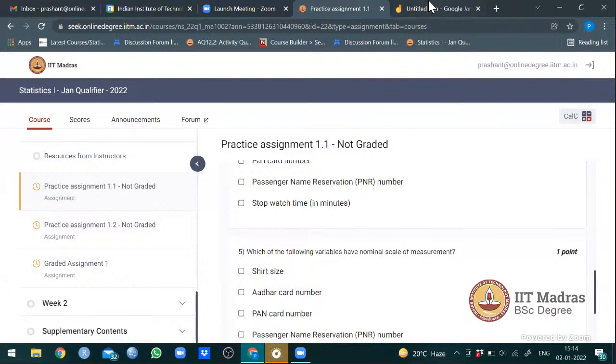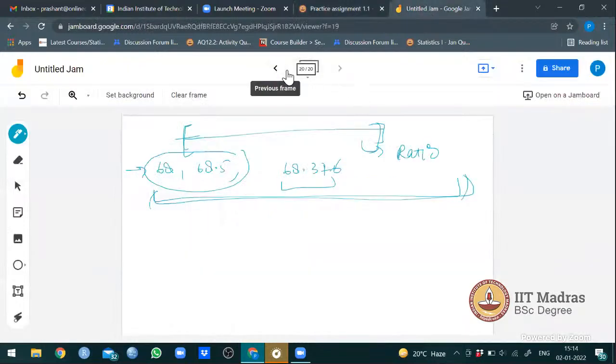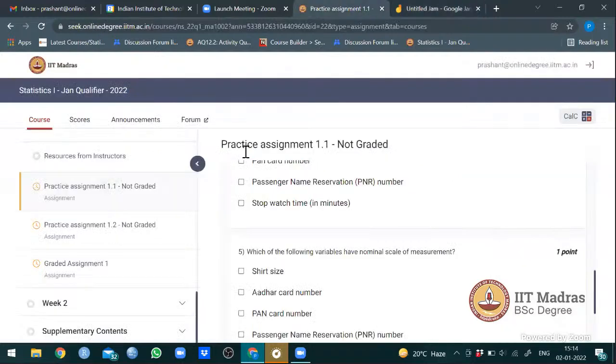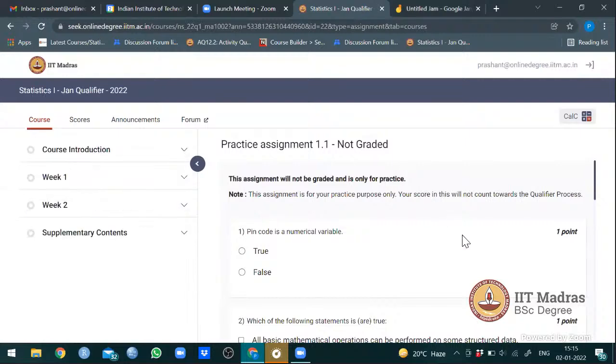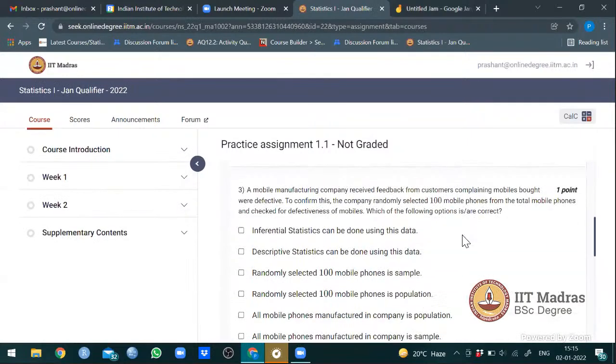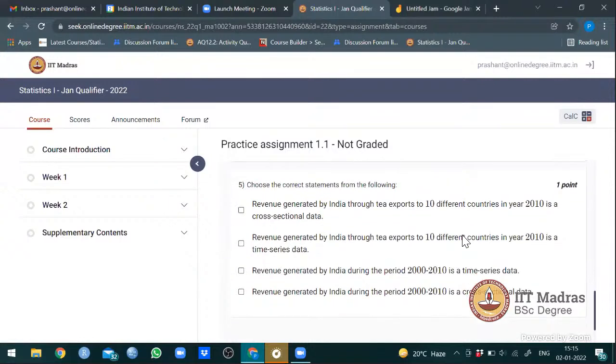Sir, check the correct statements from the following. Revenue generated by India through tea exports to 10 different countries in the year 2010 is cross-sectional data. Yeah, I get it.